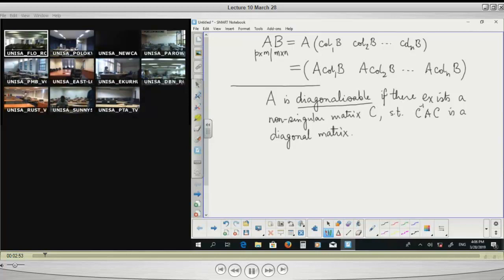Now observe. I could write it also in this way instead of this. Let me write it in a better way: CAC inverse. So if you tell me that CA is C times a diagonal matrix, usually we write the diagonal matrix in this way.